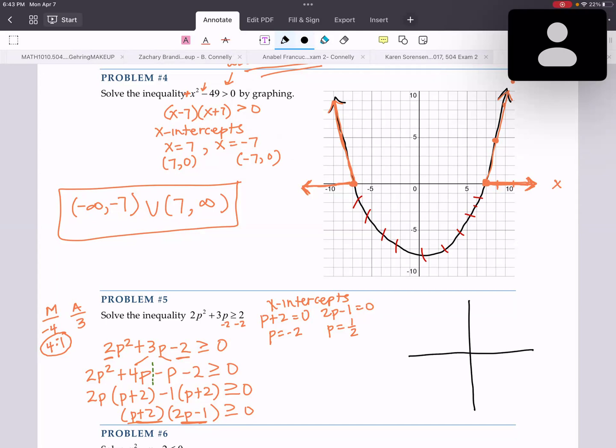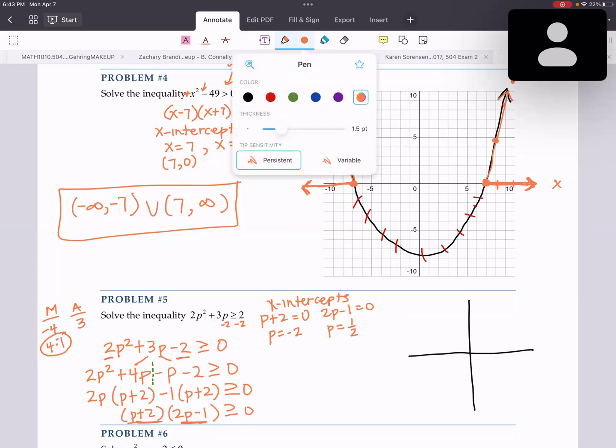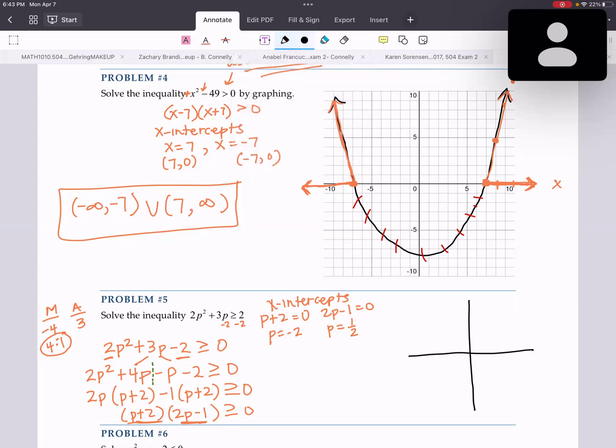Right, so let's make a little graph here to do this. So let's first plot where those two are at. So I've got -2 right there, and then 1/2 I'm going to put about there. And again, my graph, that first coefficient is positive, so I know that this is going to be a right side up parabola.